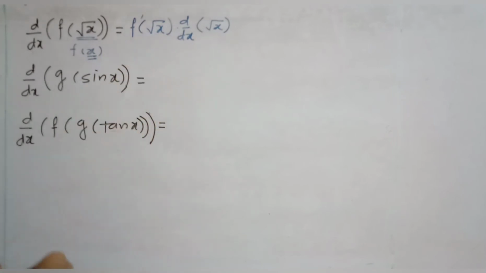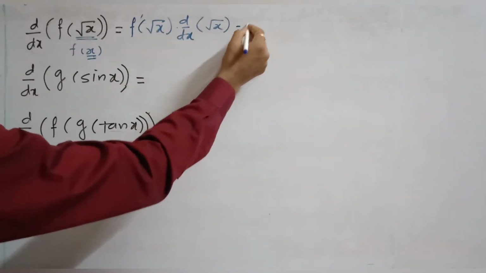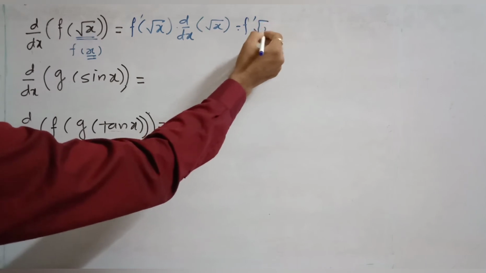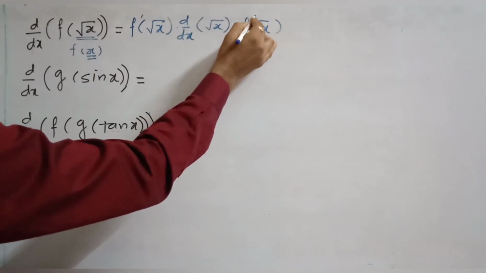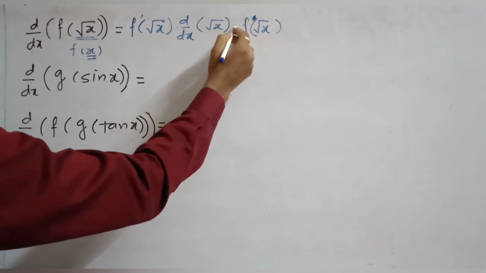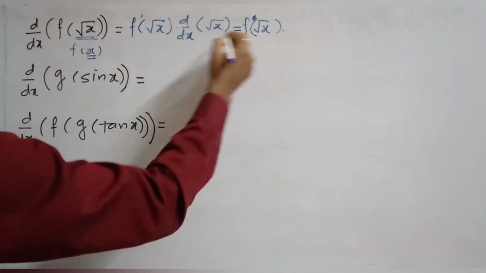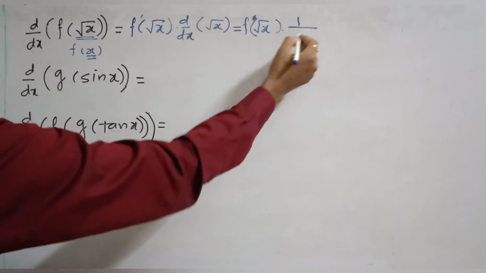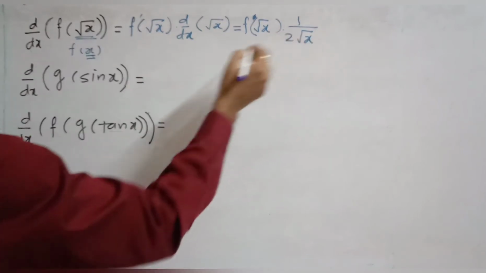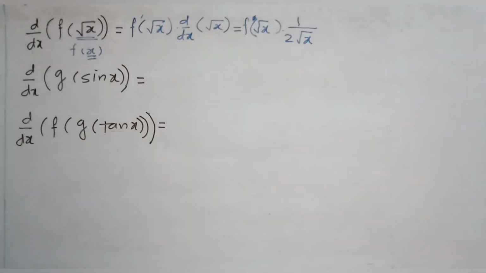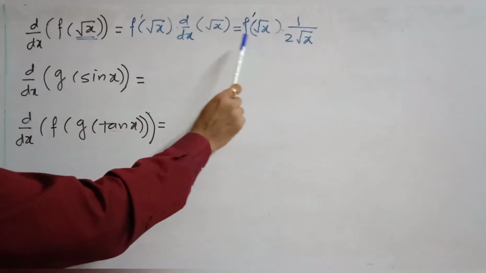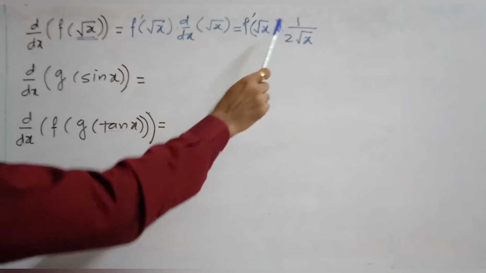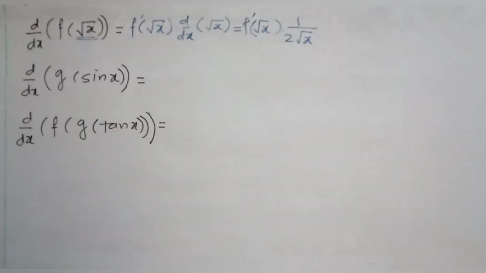So this will be f dash root x into 1 upon 2 root x.